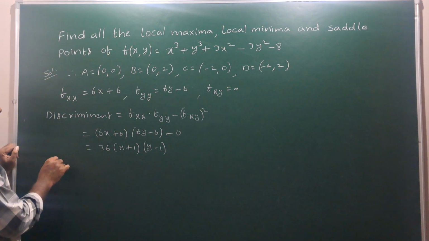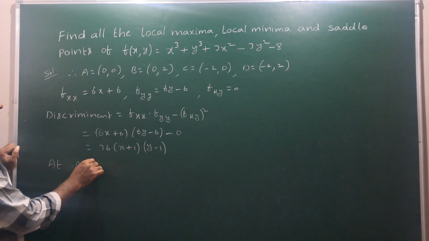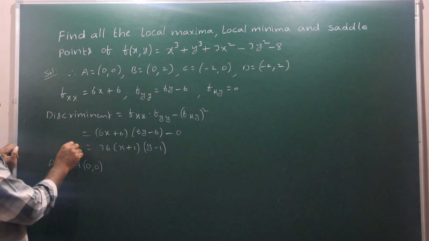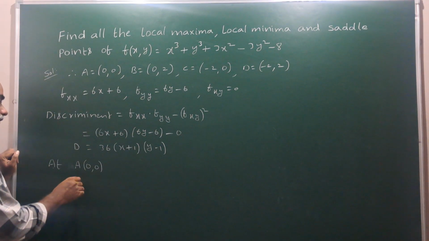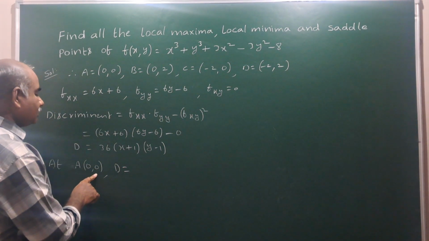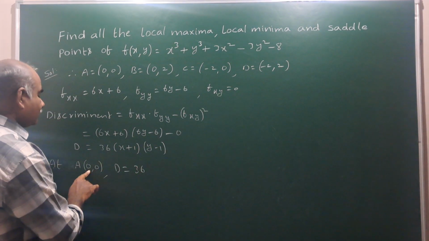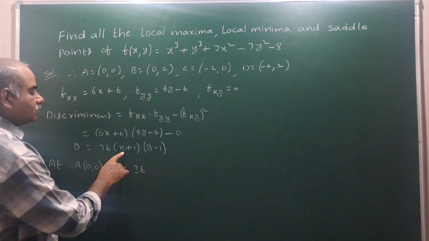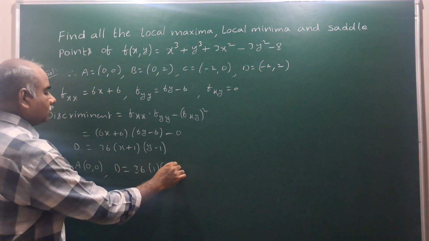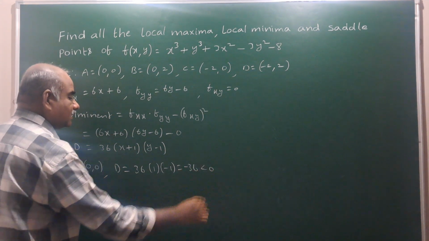So at a (0, 0), first of all we have to check the discriminant. D at (0, 0) is equal to 36 into (x + 1) into (y - 1), where x is 0 and y is 0: 0 plus 1, 1, and 0 minus 1, minus 1. So minus 36, that means it is less than 0.